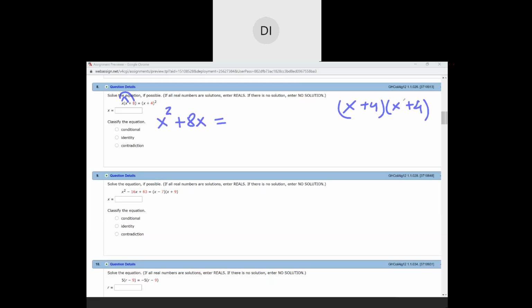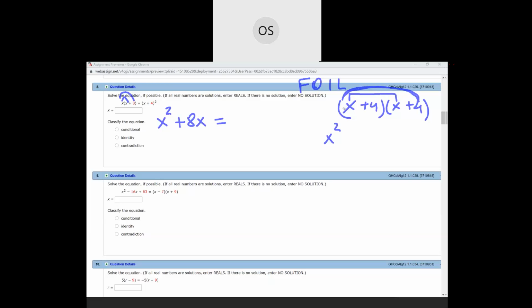So, do you know how to FOIL? No. Okay. So, FOIL means distributing pretty much. You're multiplying. F stands for first and first. So, that's your F. So, multiplying x times x, which is x squared, right? Then O stands for the outside. So, you're multiplying these two, the outside.